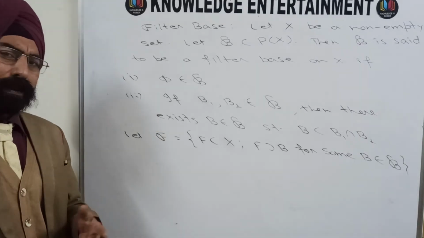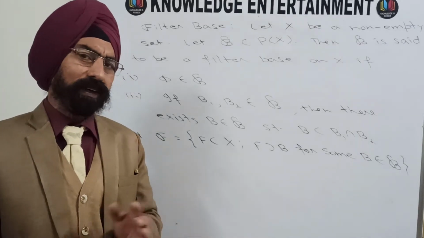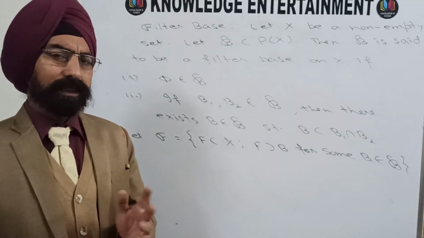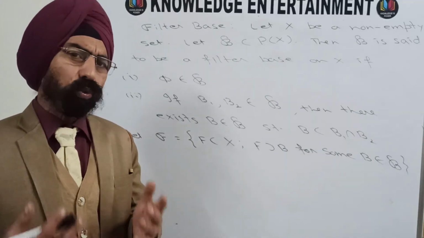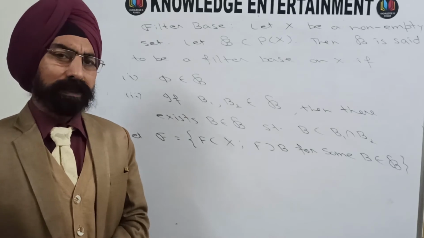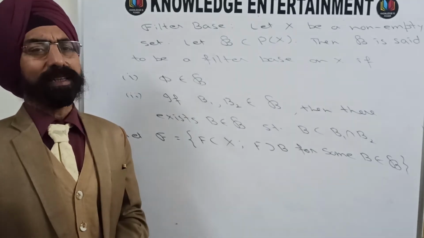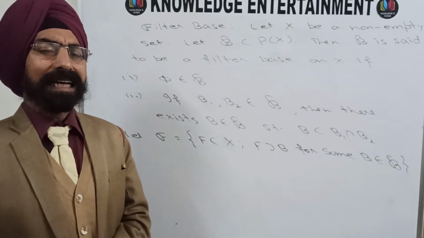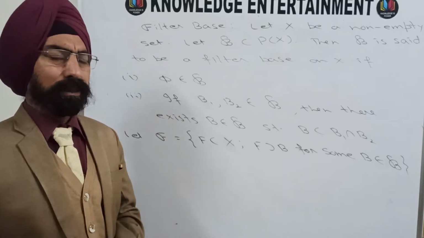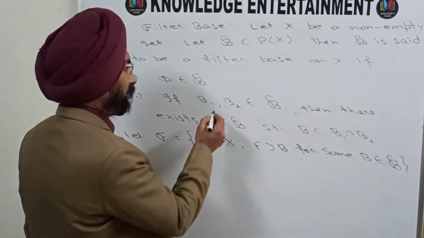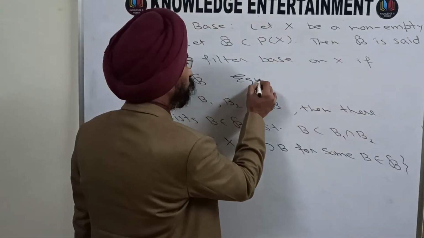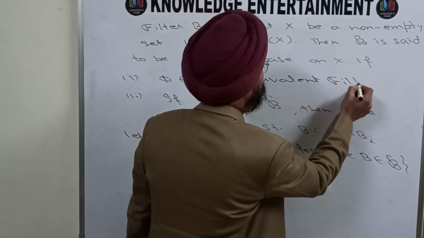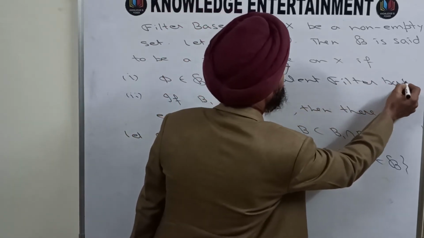Now it may happen that there are two different filter bases, but they generate the same filter. There is a possibility of this type, and if two different filter bases generate the same filter, then such filter bases are called equivalent filter bases. So just now we have defined equivalent filter bases.